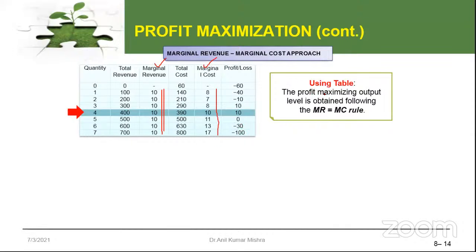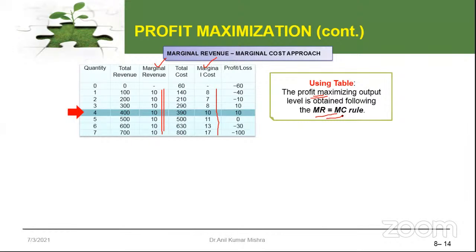Now, what is the profit maximizing condition? The condition for profit maximization in the TR and TC approach is that the difference between TR and TC is maximum. But in the MR and MC approach, MR must be equal to MC, and after the point of equilibrium, MC must be increasing. Marginal cost must be increasing, right?